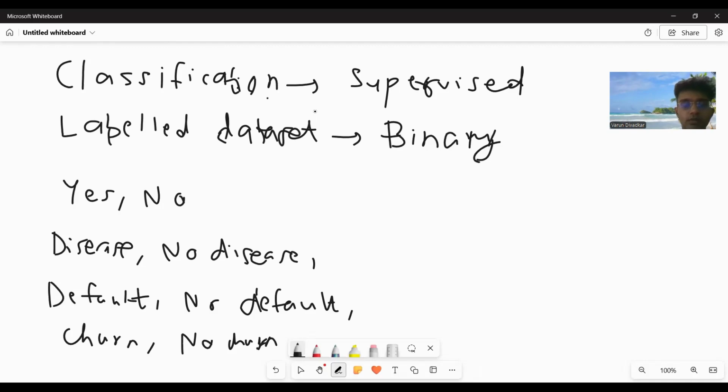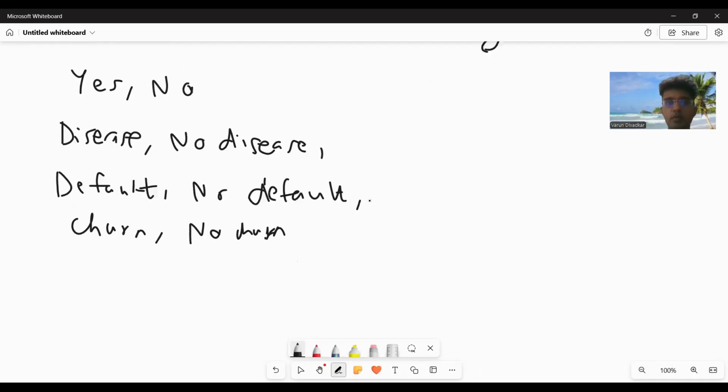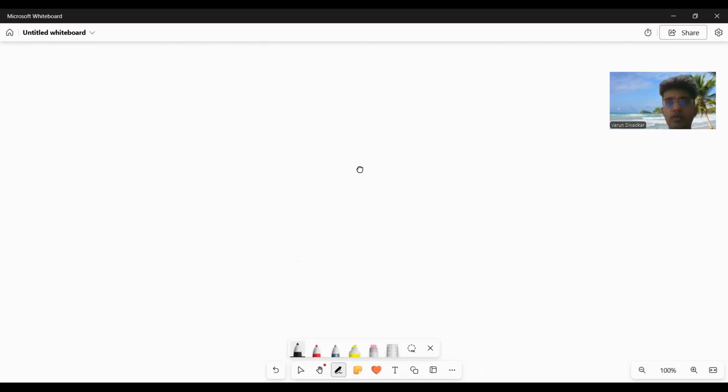Right? So let's take a typical example where we try to apply logistic regression. Let's say we have a data set that looks like this.